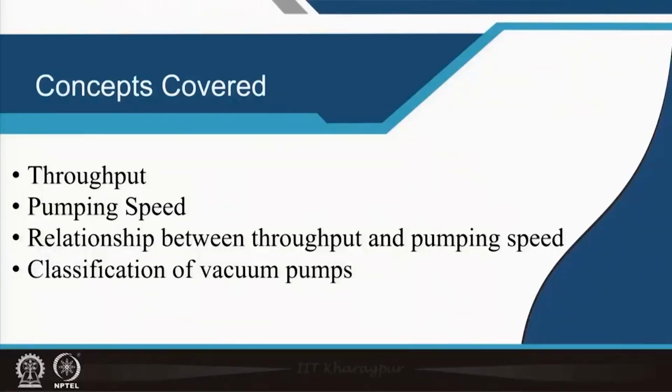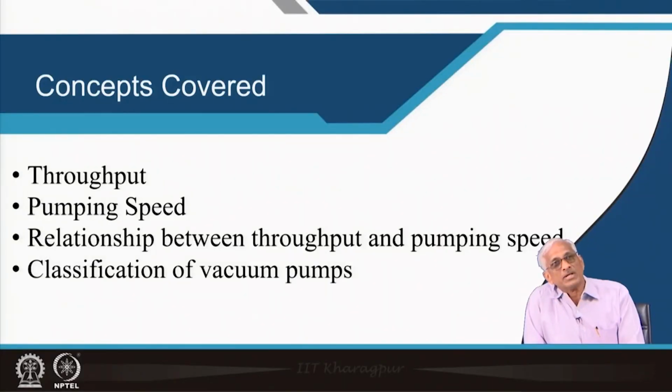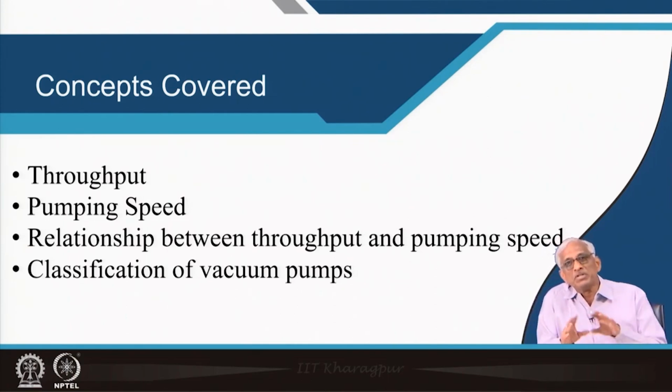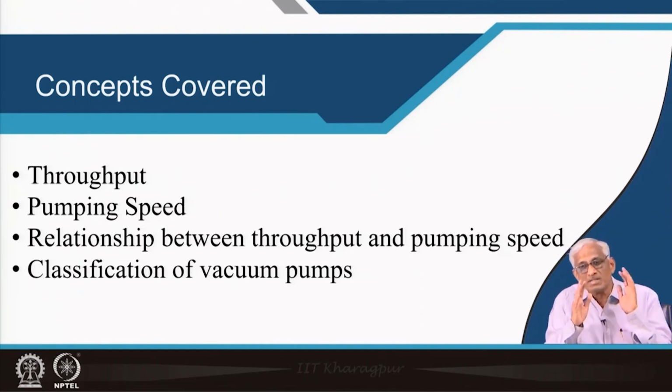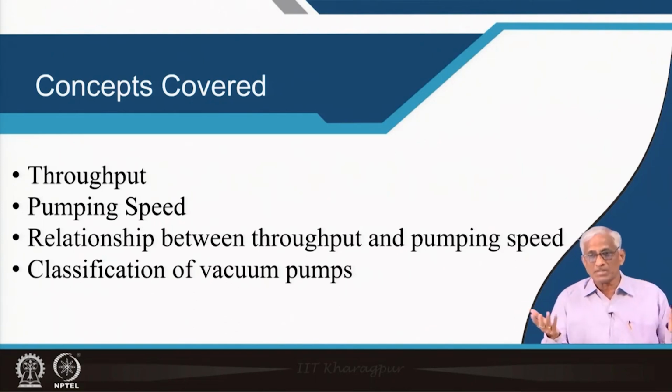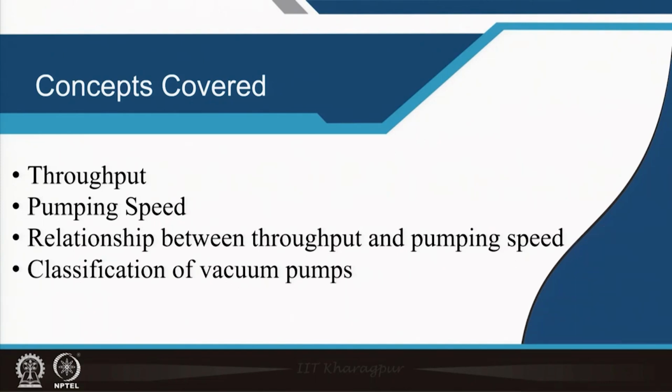Well, the concepts that are going to be covered in this lecture are the concept of throughput, concept of pumping speed, and the relationship between these two, throughput and pumping speed. And based on these ideas, variety of pumps that are available in day to day world as of today, we will try to discuss in a simple way based on certain physical principles.